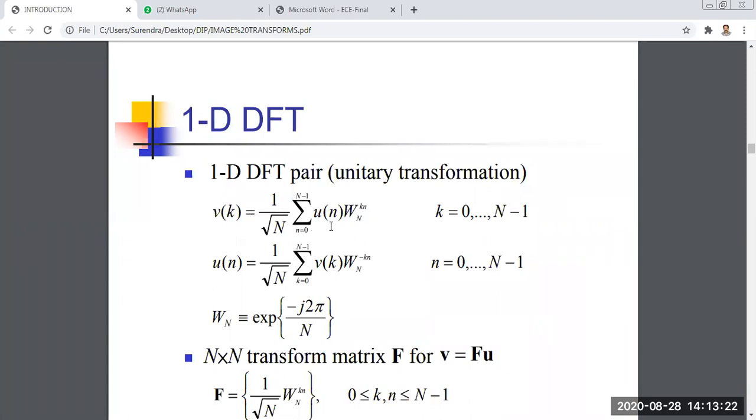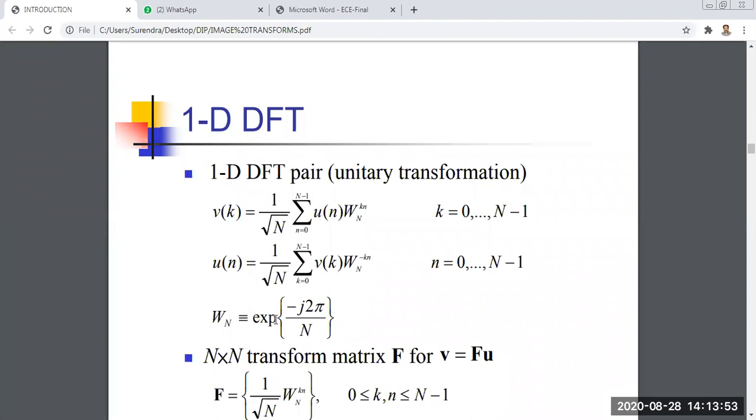Suppose you want to get back your original time domain signal u of n, how does it look? That is called the inverse DFT, the inverse one-dimensional discrete Fourier transform, and the expression is given by 1 by square root of N, sigma k equals 0 to N minus 1, where v of k is your frequency domain signal, u of n is the time domain signal, and the coefficients are given by W suffix N power minus kn.